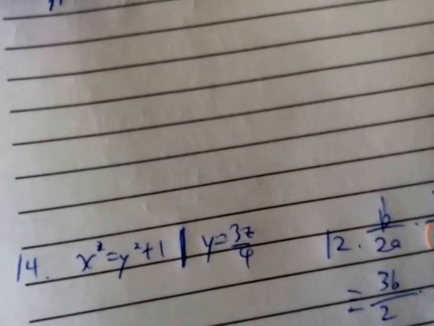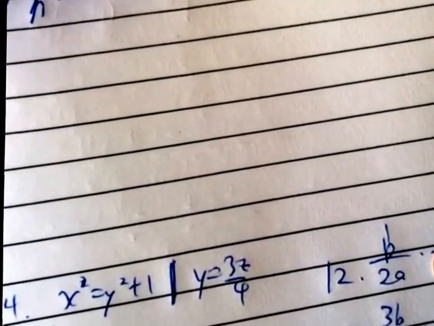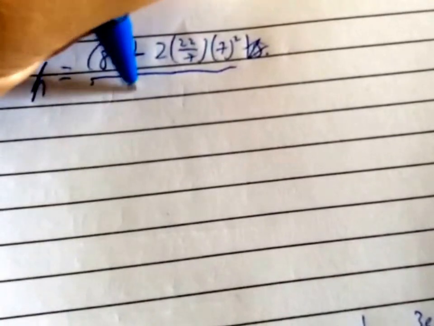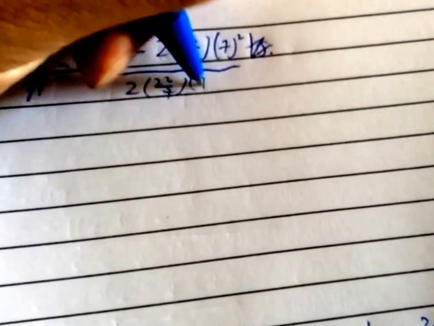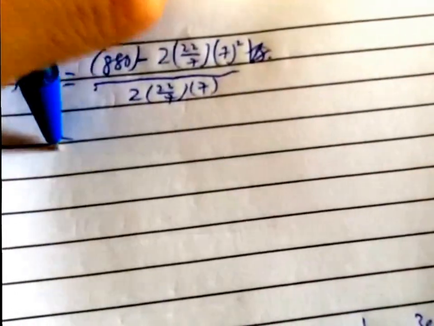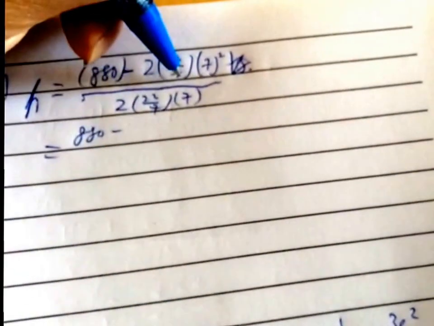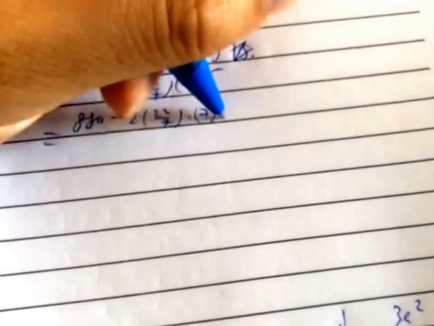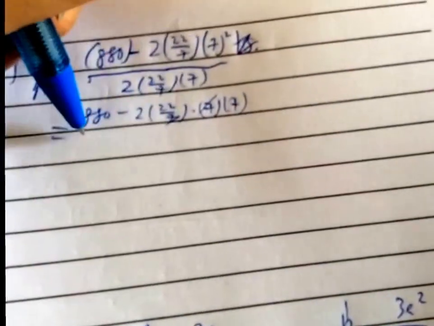And so part B, you need to find the value of h if A is 80, and pi is 22 over 7, and r is 7. A minus 2 pi r squared over 2 pi r. So 8 times 0, 7, and then this 7 and 7. You just cancel 1, but not 2.